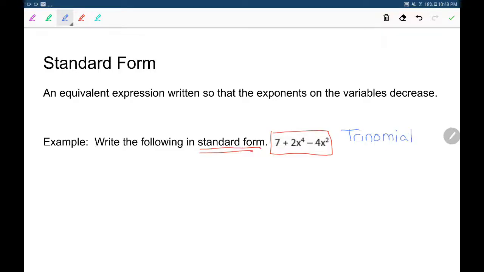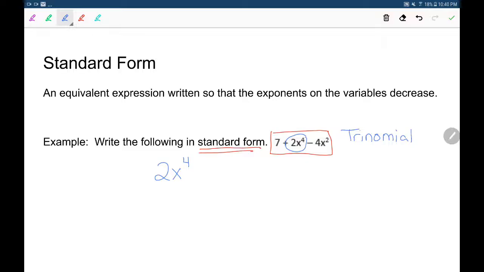So when I look at my 3 different terms, my 7, my 2x to the 4th power, and my negative 4x squared, I can find my highest exponent pretty easily, and it's this term here. So that's going to be the first part of it. 2x to the 4th power is going to be the first term that I rewrite.